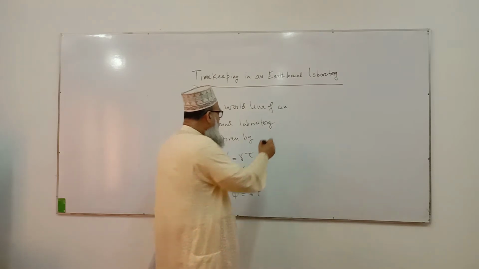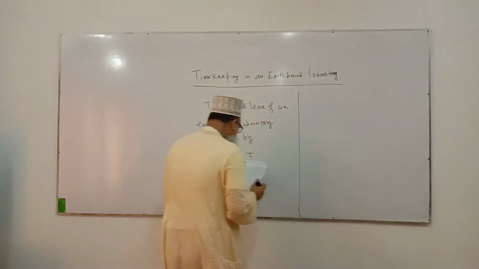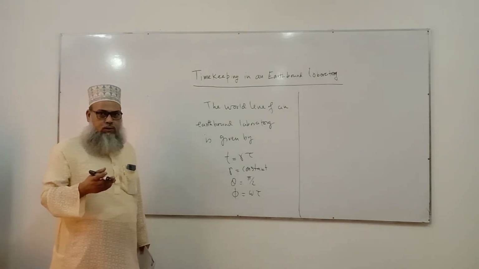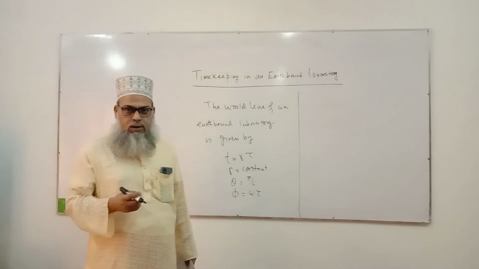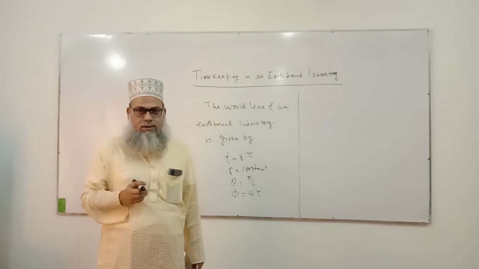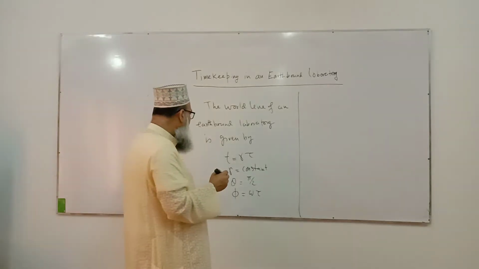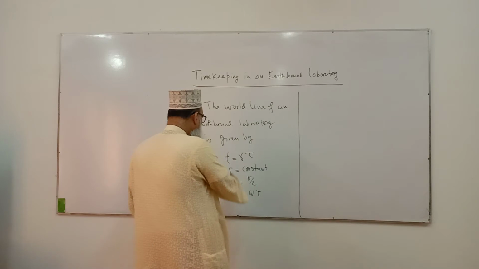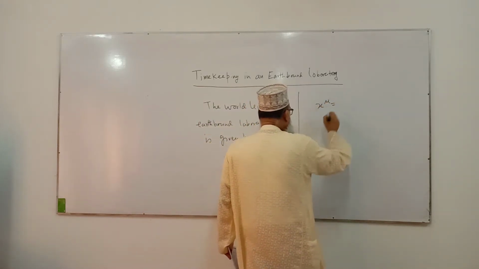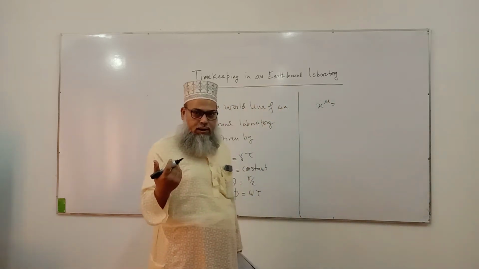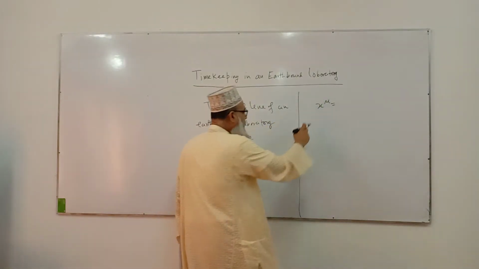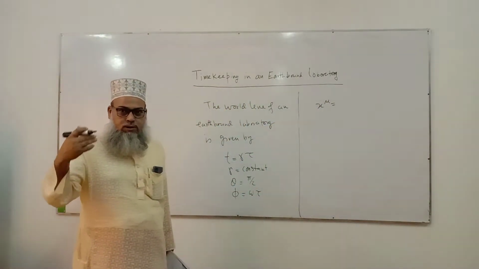Now we need to know the metric and its derivative. That is actually the Lagrangian L. Before we go to the Lagrangian, we shall write x dot mu. That means the rate of change of the coordinates, and dot denotes differentiation with respect to tau.